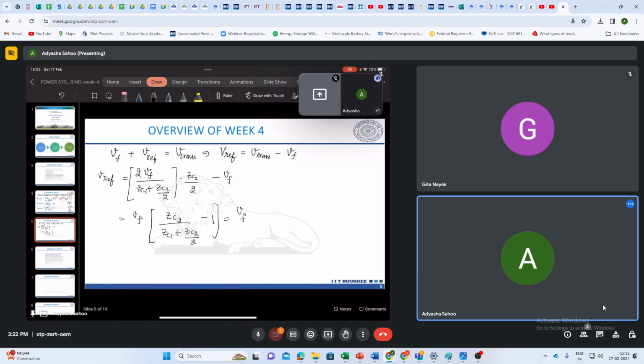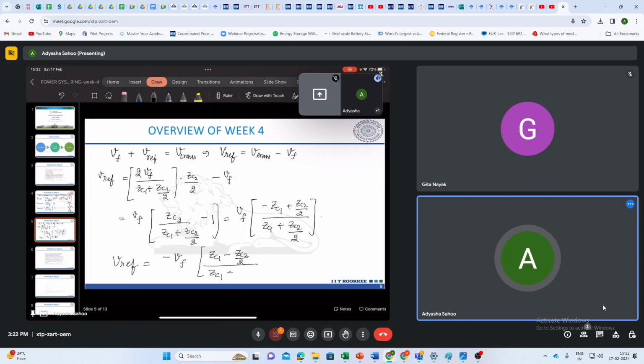This will come as ZC1 plus ZC2 by 2, and this will come as minus ZC1 plus ZC2 by 2. Finally, if I take the negative sign as common for reflected, it is minus VF times ZC1 minus ZC2 by 2 divided by ZC1 plus ZC2 by 2.